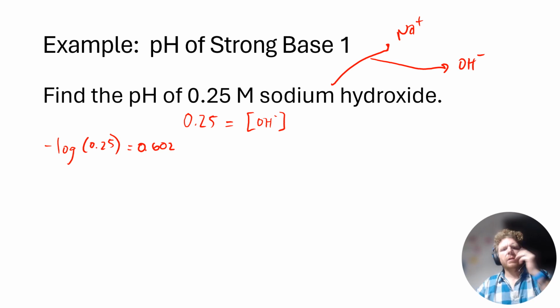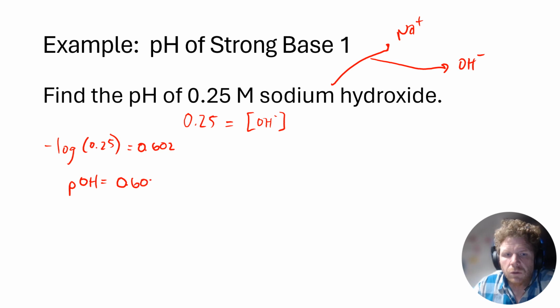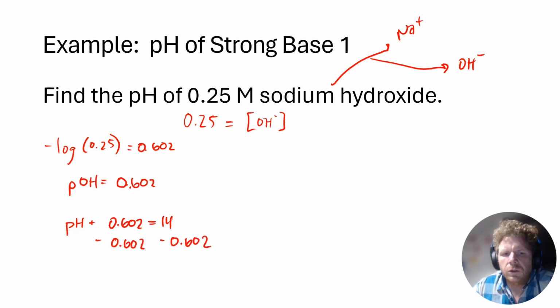Okay, but let's think about this. Did I just solve for my pH? I didn't. I solved for my pOH. So my pOH equals 0.602. My pH, by contrast: pH plus 0.602 equals 14, so minus 0.602, and I get 13.398.